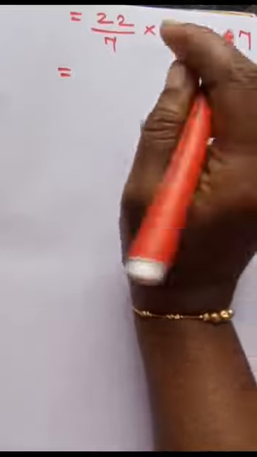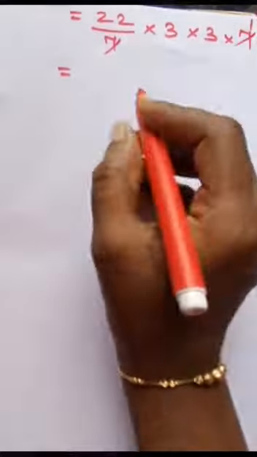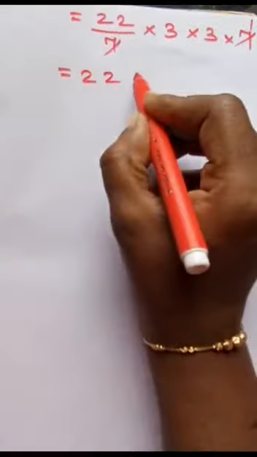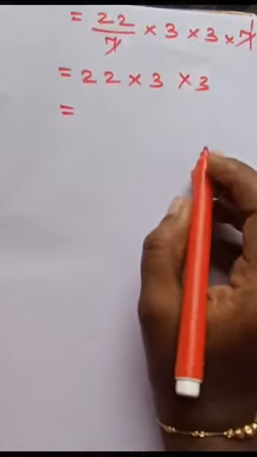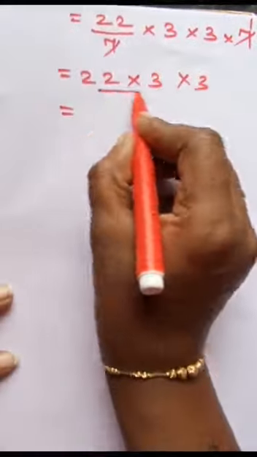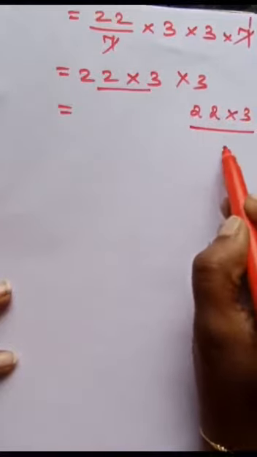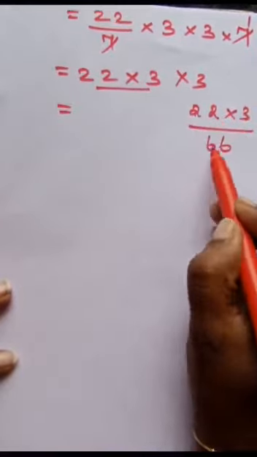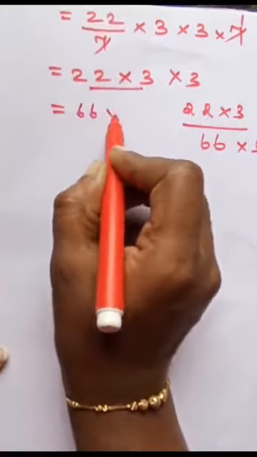We should multiply. See, again 7 can get cancelled one time, isn't it? 22 into 3 into 3, right? So now multiply this. First you just multiply these two values. 22 into 3 is how much? Shall we see? 3 2s are 6 and 3 2s are 6. Again this 66 has to be multiplied with what? 3 into 3.